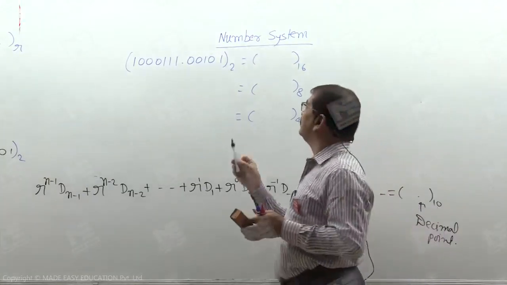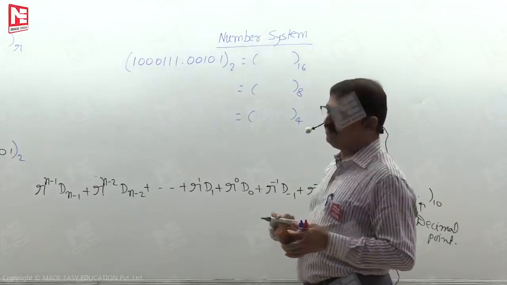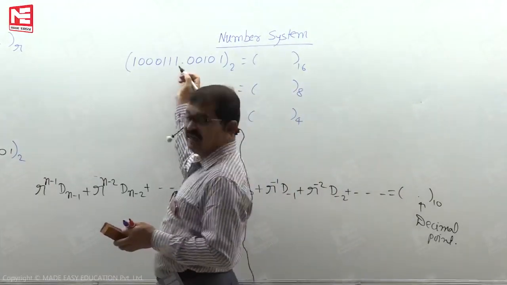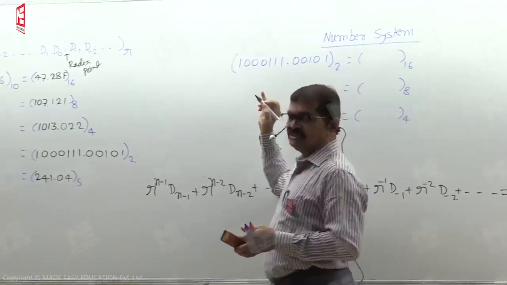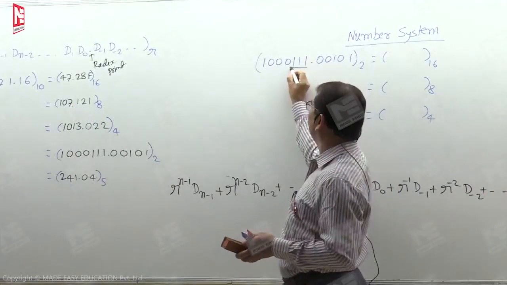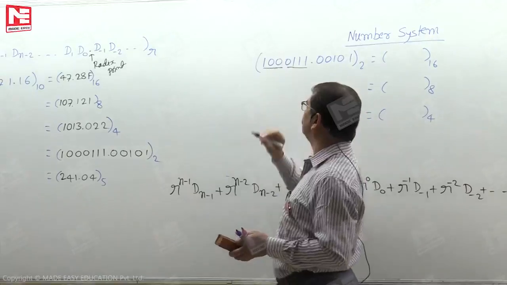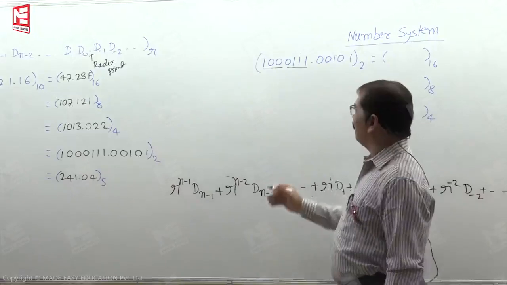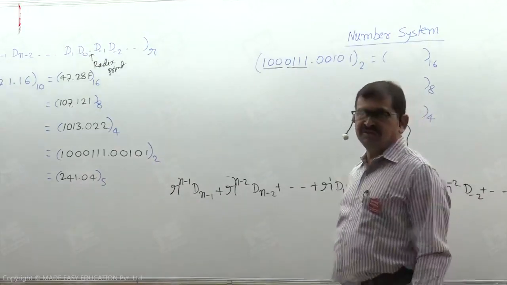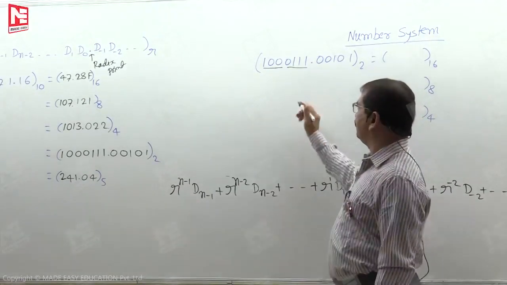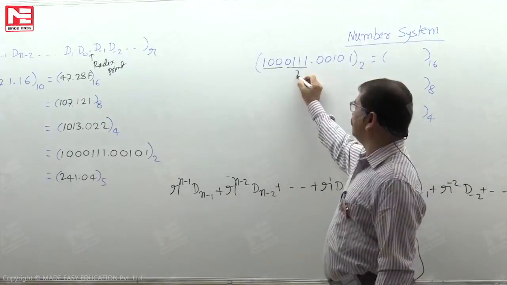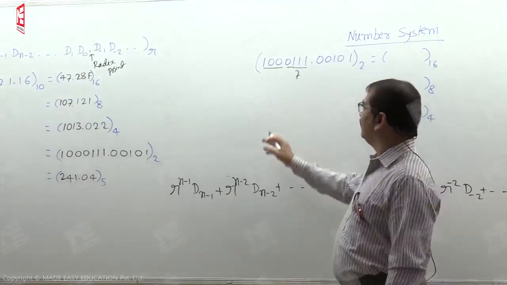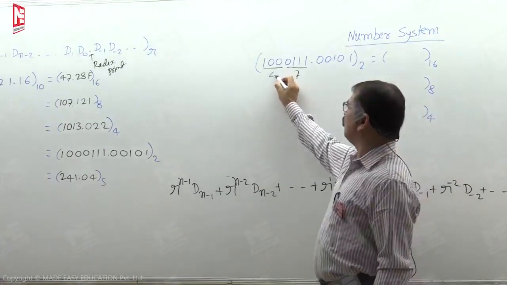So let's first try its equivalent hexadecimal number. For the integer part, the grouping will start from the least significant bit of the integer part. As I said, the group size is 4 bits. We have 2 groups in this example. For each group we must read its equivalent hexadecimal digit. For this binary group the hexadecimal digit is 7, for this it is 4.